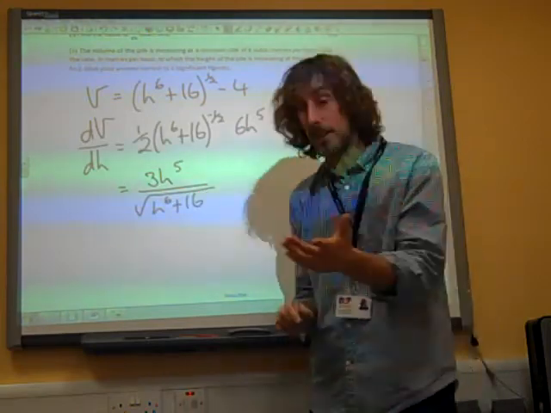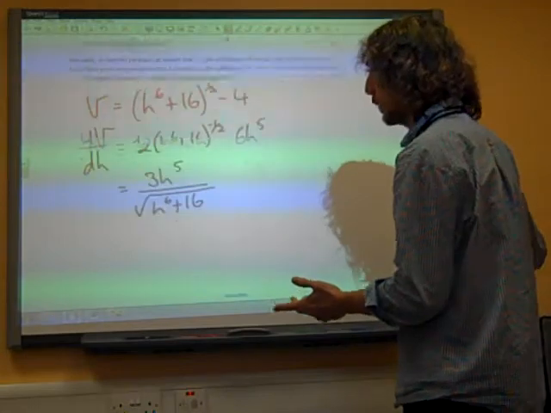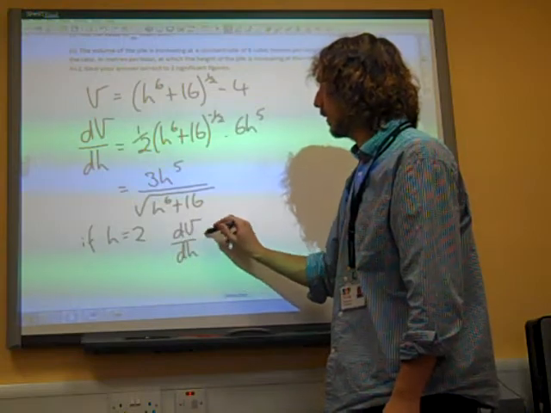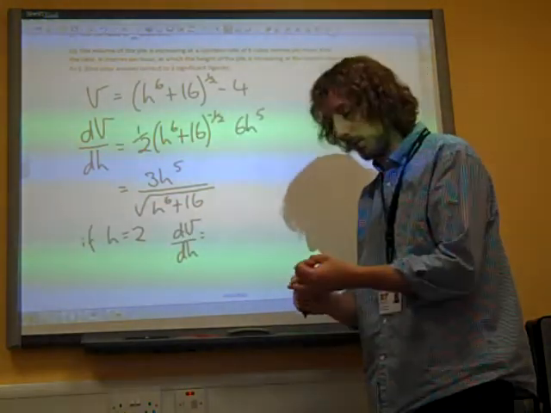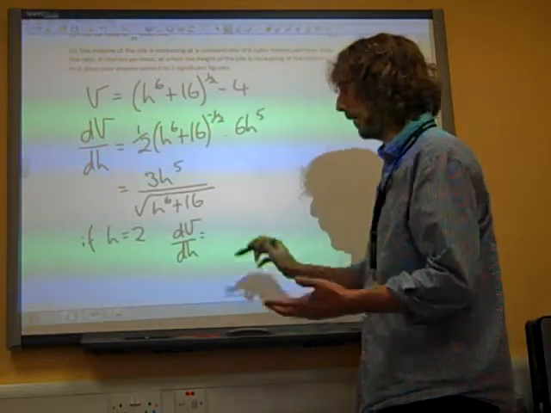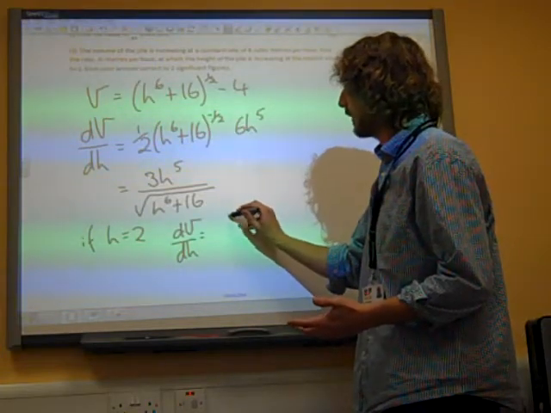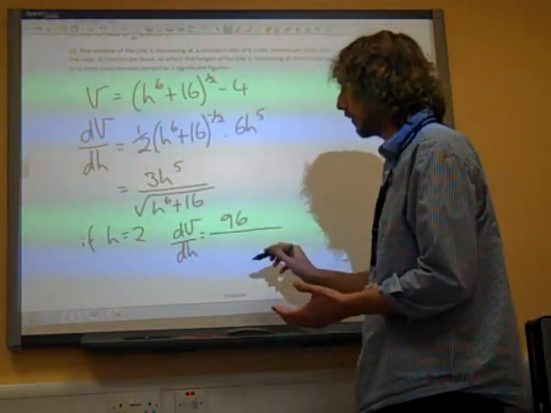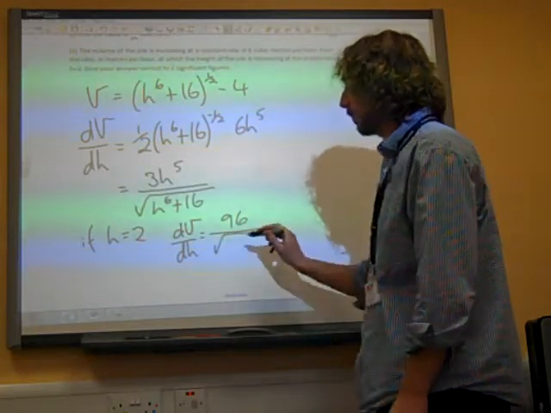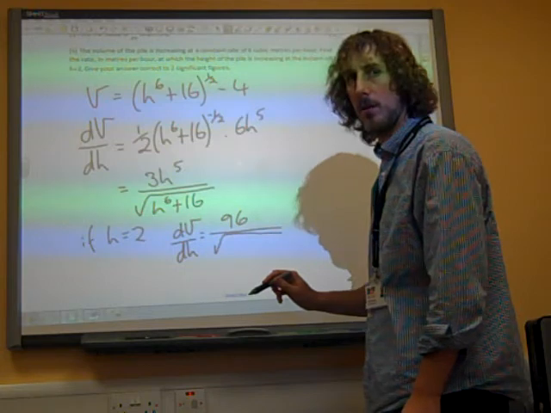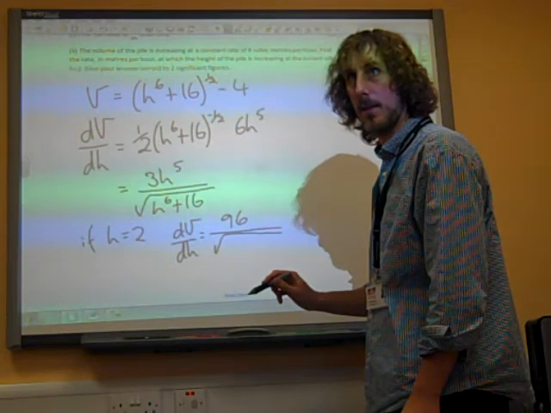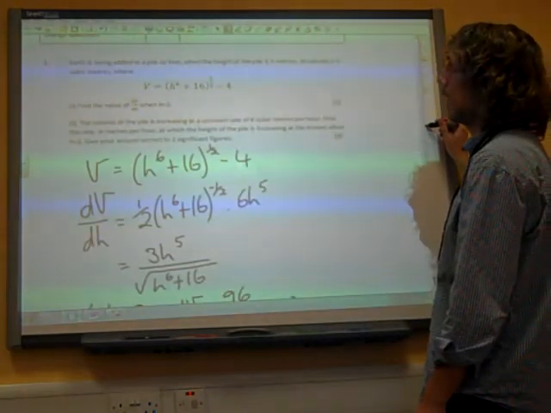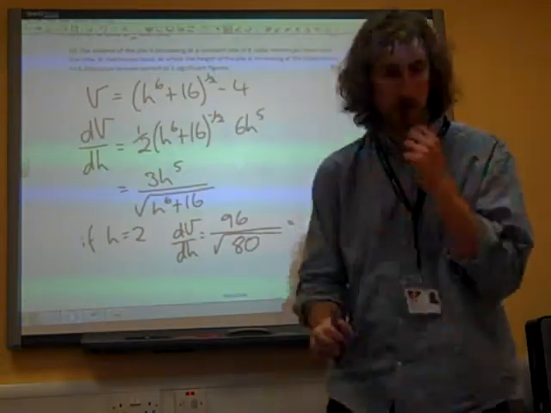The question said, evaluate this when h equals 2. So if h equals 2, dv by dh is 3 times 2 to the 5, which is 32. 3 times 32 is 96, over the root of 64 plus 16, which is root 80. Let's give our answer in surd form.